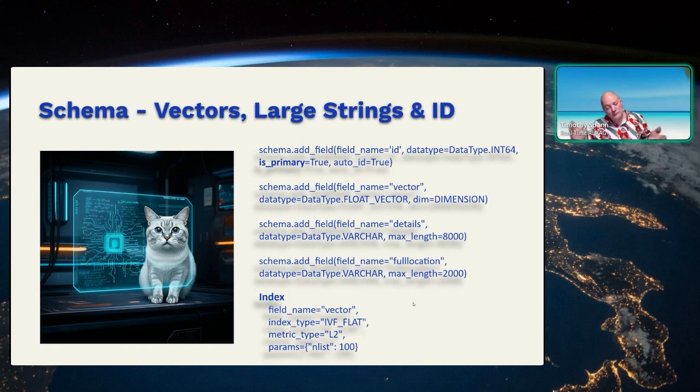Our vector, we have to vectorize the data. This is a generic name. Some of the older RAG examples default to having a vector named vector originally, but we'll keep it that way. In Milvus and a number of other databases, you can have multiple vector fields.